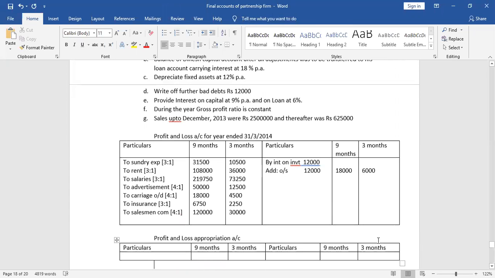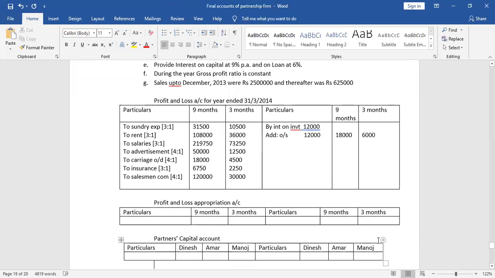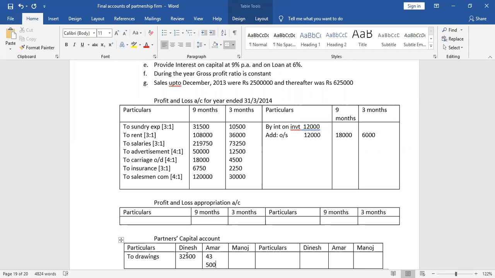So drawings will come in the capital account. What is the drawing of all the three partners? It is 32,500, 43,500 and 28,000.